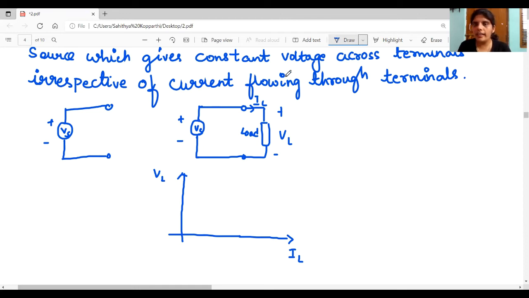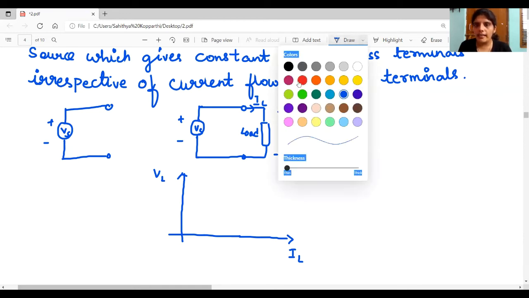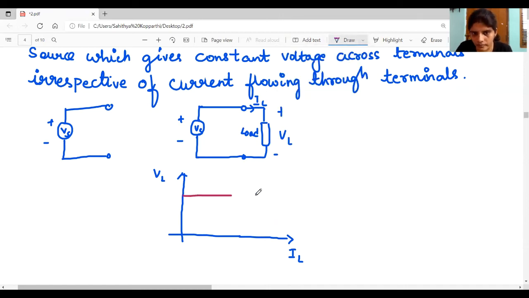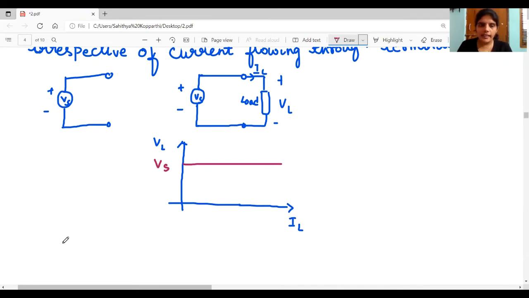VL is always equal to Vs. And the internal resistance of an ideal voltage source is zero. So an ideal voltage source does not exist in nature.